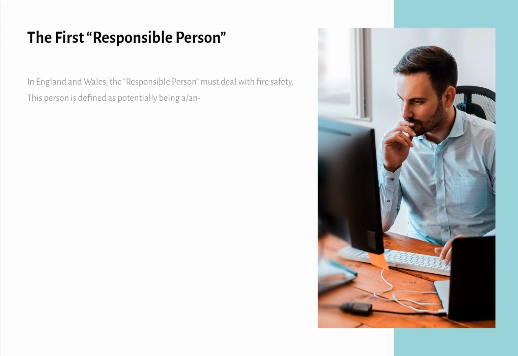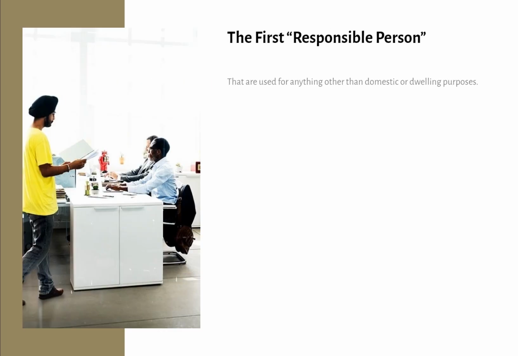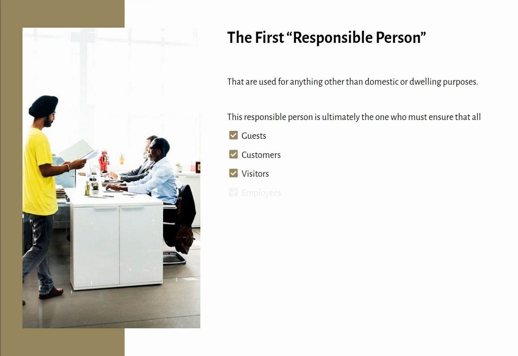The first responsible person. In England and Wales, the responsible person must deal with fire safety. This person is defined as potentially being an employer, owner, manager, or occupier of any and all of the following businesses, buildings, spaces that are used for anything other than domestic or dwelling purposes.